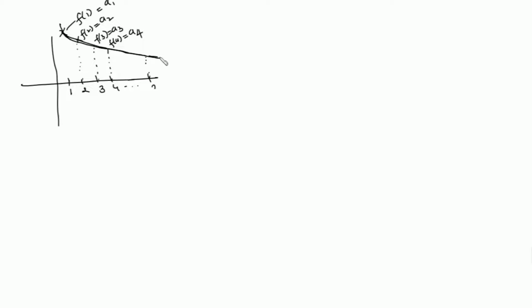This is your fn which is same as an, and this is your f of n plus 1 which is same as an plus 1. Now what does this represent? The integral of the function f going from 1 to n plus 1 represents the area under this curve, right?